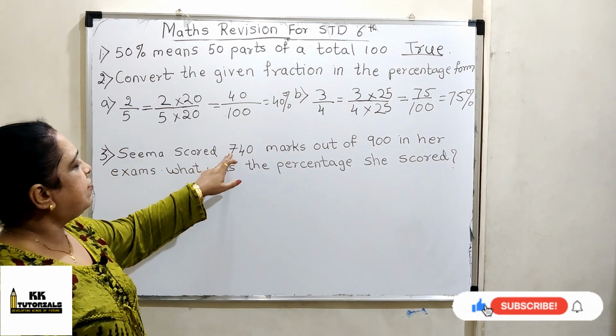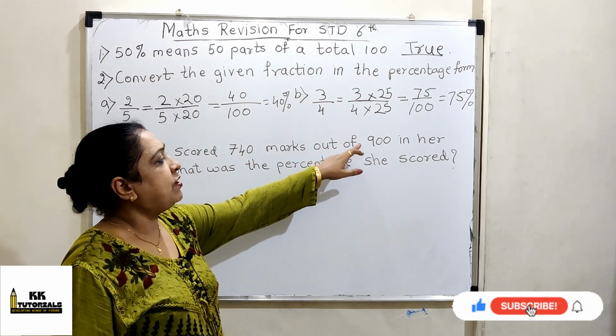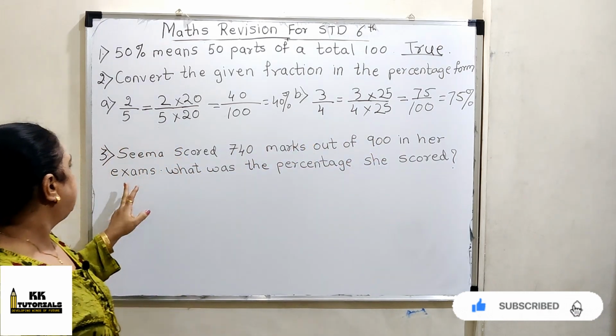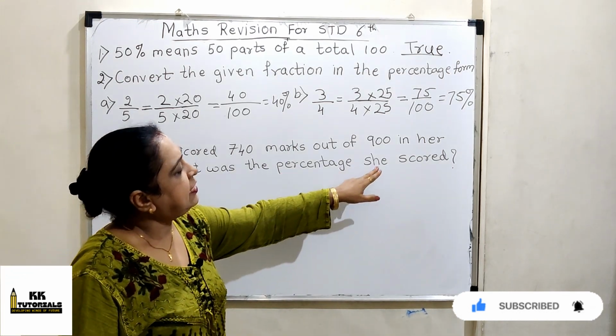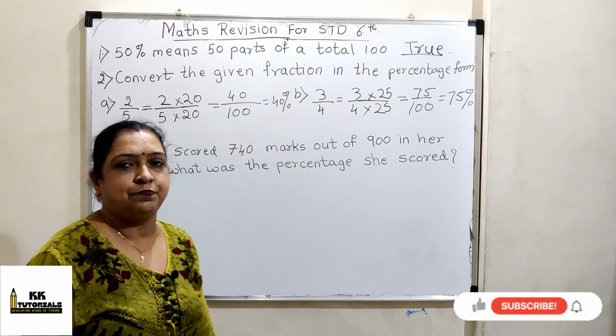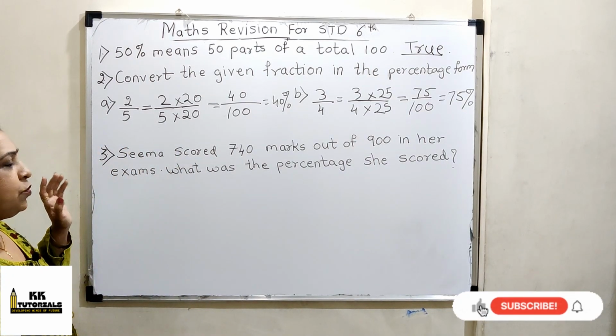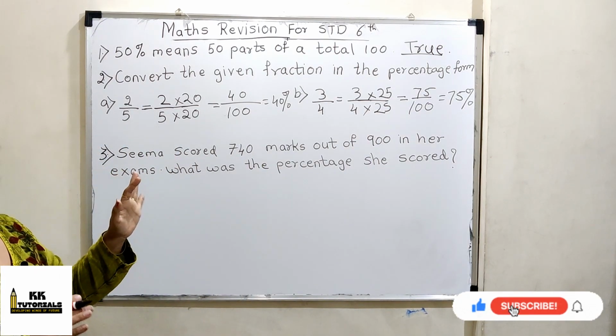Seema scored 740 marks out of 900 in her exams. Okay. What was the percentage she scored? What will you do in this sum? So, let the percentage be X%.